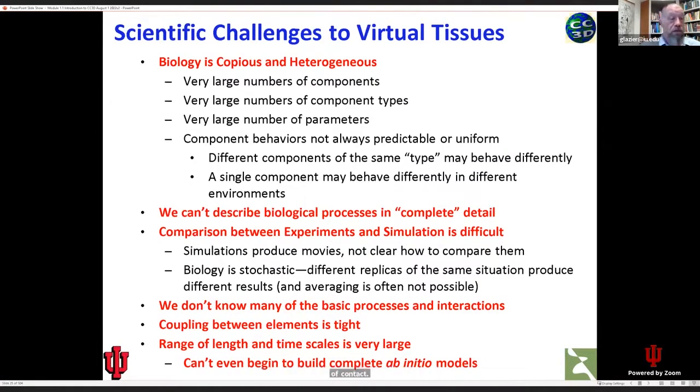AI is wonderful for interpolation, but it's not very good at extrapolation outside of its training domain. The range of lengths and timescales is very large, and there's a lot we don't know, scientifically and otherwise. And so we have a lot of limitations and difficulties that we face when we apply these methods.